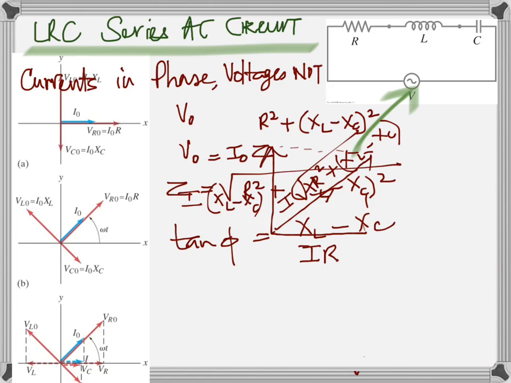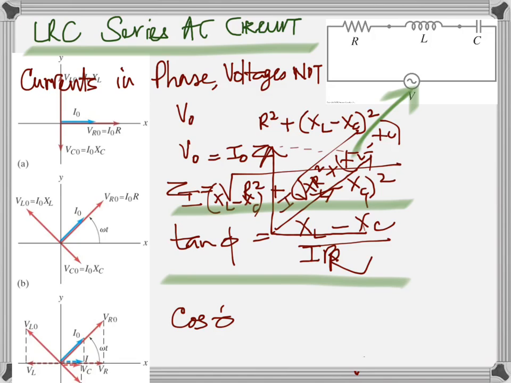And I also want you to find that you can find tan phi from this. Tan phi, the x is over the y. Tan phi is going to be this by this, isn't it? What is this? XL minus XC, right? And what is this?